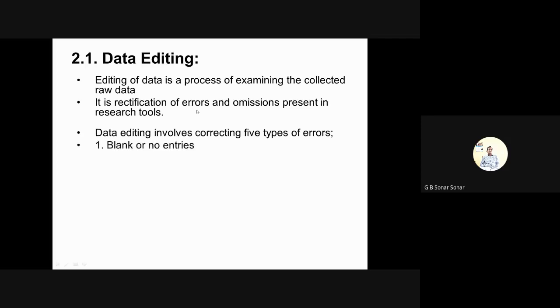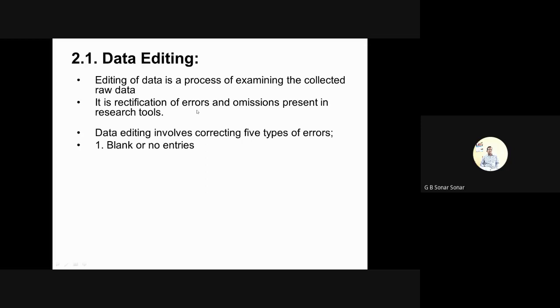The first type of error is blank or no entries. When we take research tools, interview schedules, after the data collection, and glance through the different questions and pages, we may come across some questions that remained unanswered, blank, not entered.